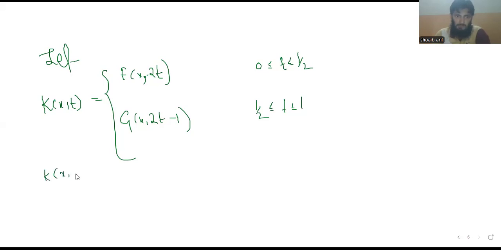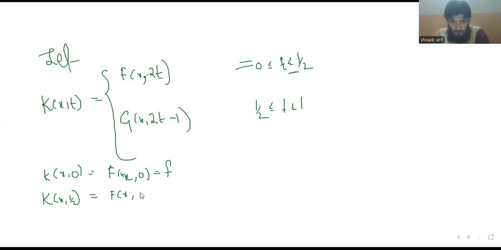At t equal to 0, K(x, 0) is F(x, 0), so according to this condition we get f. Now K(x, half): we lie here, so when we substitute t equal to half we get F(x, 2 multiplied by 1 upon 2), so we get F(x, 1), which is g.